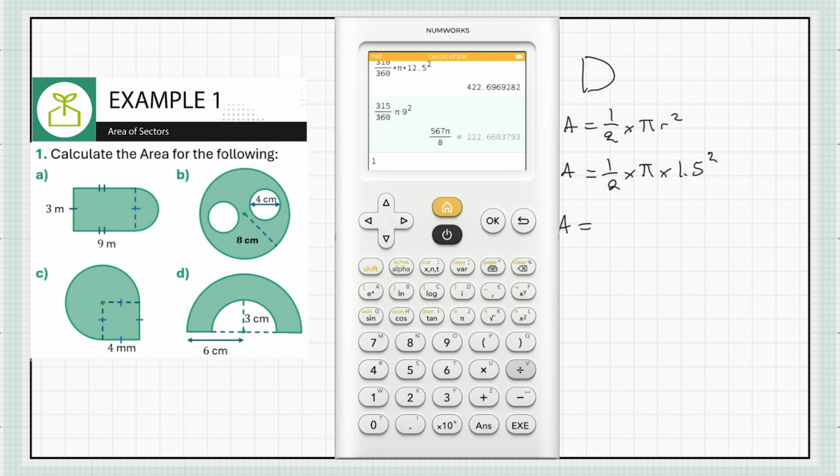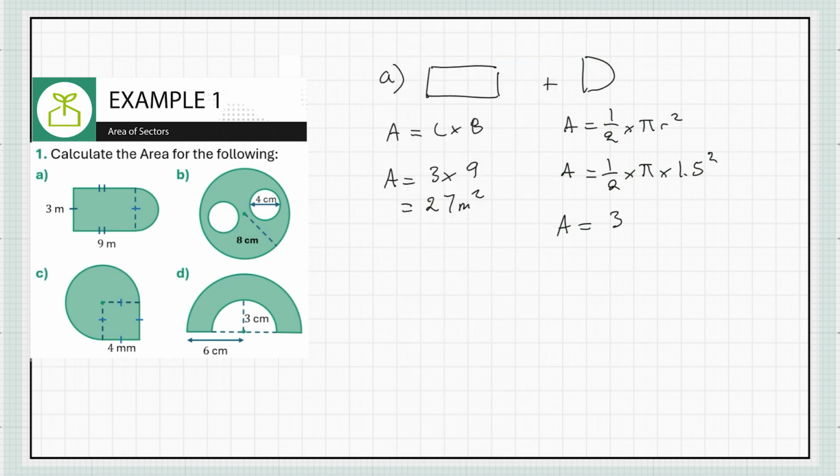Let's put that in our calculator. Another way of doing 1 over 2 would just be to times it by 0.5. So you could do 0.5 multiplied by pi, and then multiplied by 1.5 squared. And if we hit execute, we get 3.53 to 2 decimal places, and that will be meters squared.